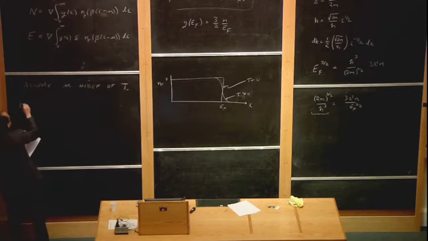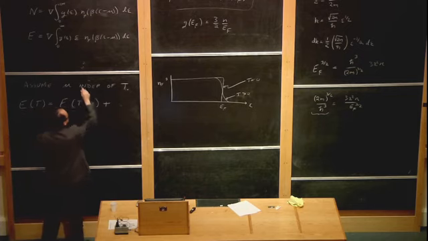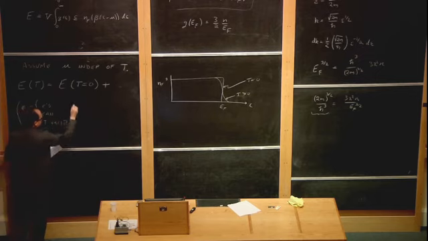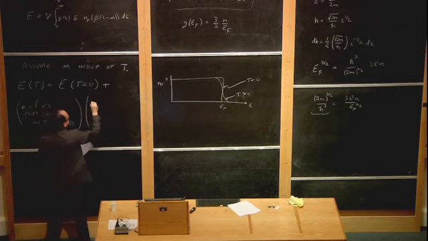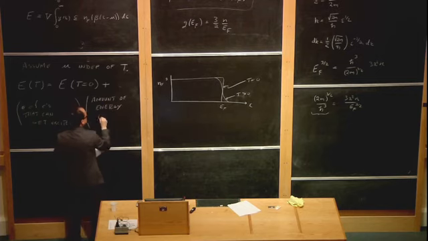So what we're going to do is write the energy at some temperature T as the energy at T equals 0 plus two very approximate things. Approximate thing 1 is the number of electrons that can get excited. And thing 2 is times the amount of energy each absorbs.